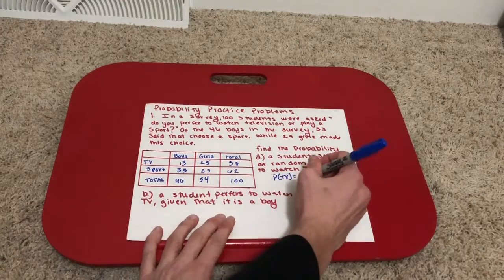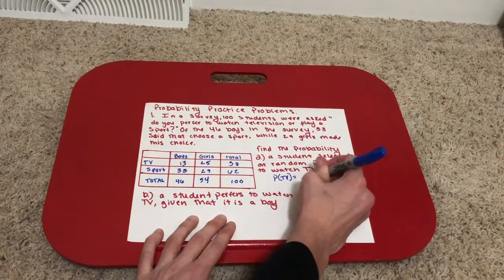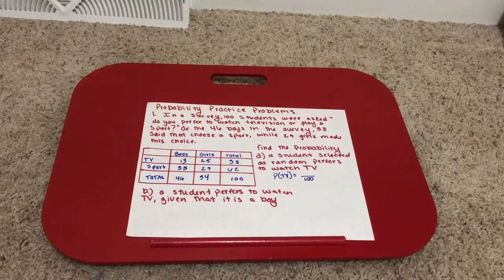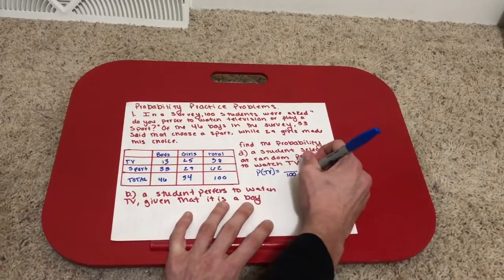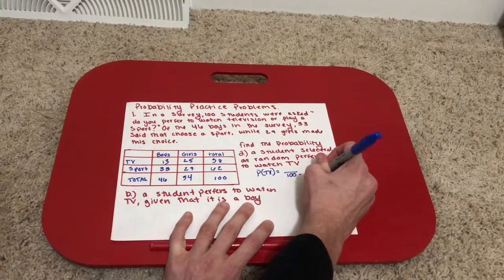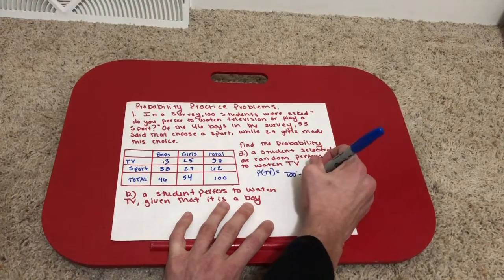So we can put the 100 right there. That's like our trials. Back in the formulas, the probability of A was basically the number of times A occurred over the total number of trials. This can be the total number of trials, or in this case, people.